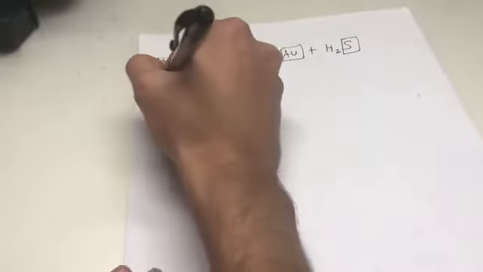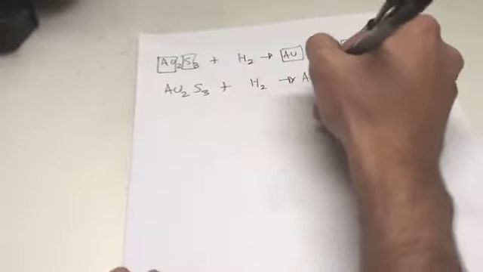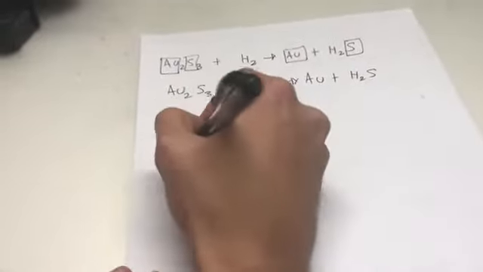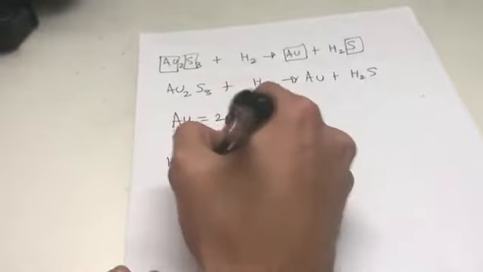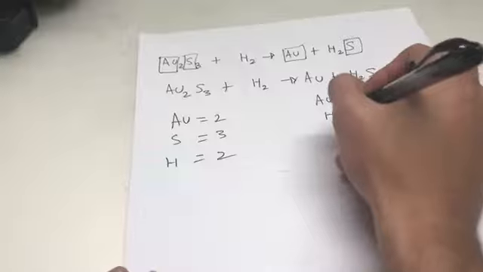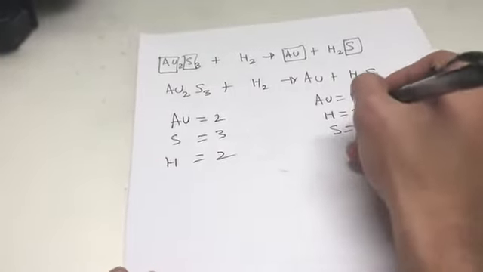So, let's start. I should probably rewrite this again. So, Au equals 2, S equals 3, H equals 2, Au equals 1, H equals 2, and S equals 1. These two should be reversed.